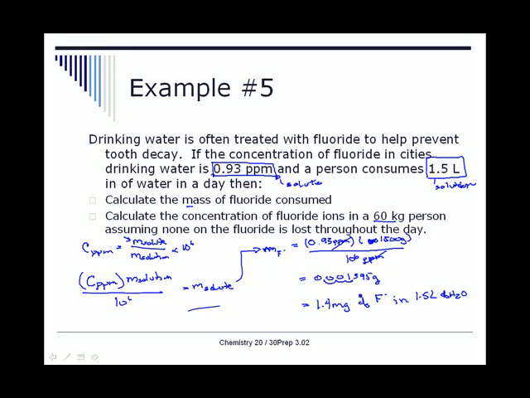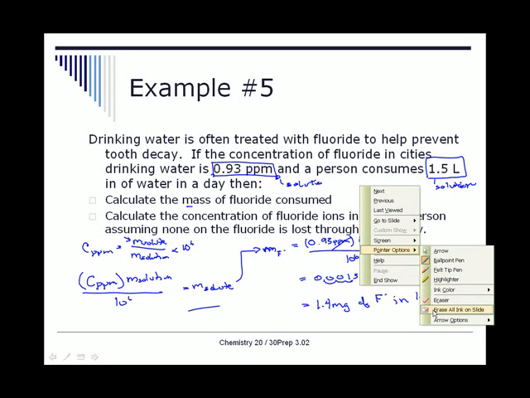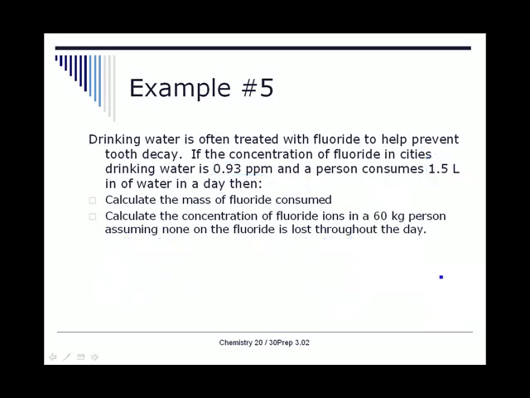And for the second part of this question, I'm just going to erase our work. And so we know that in 1.5 liters of water, we have 1.4 milligrams of fluoride.